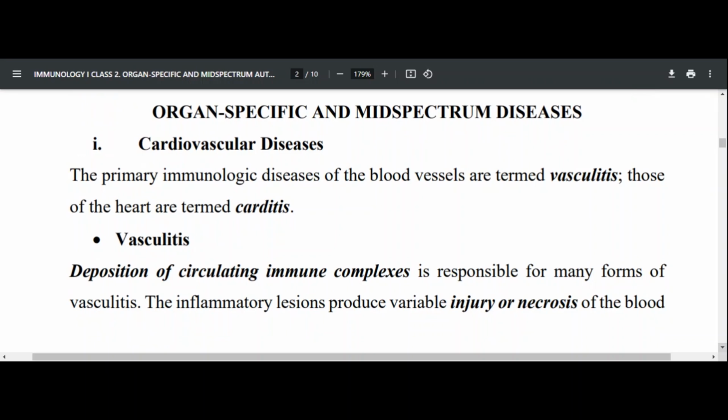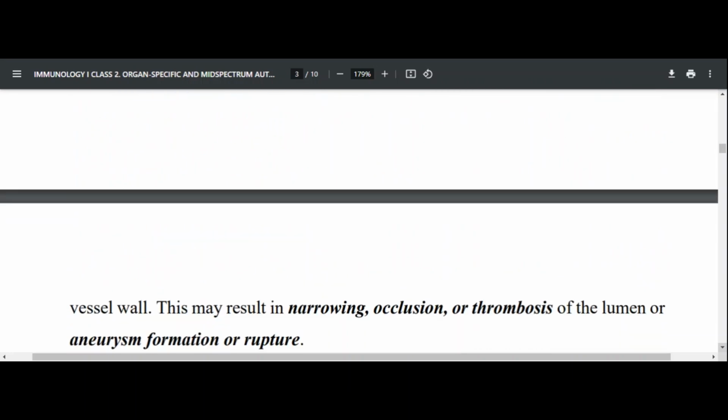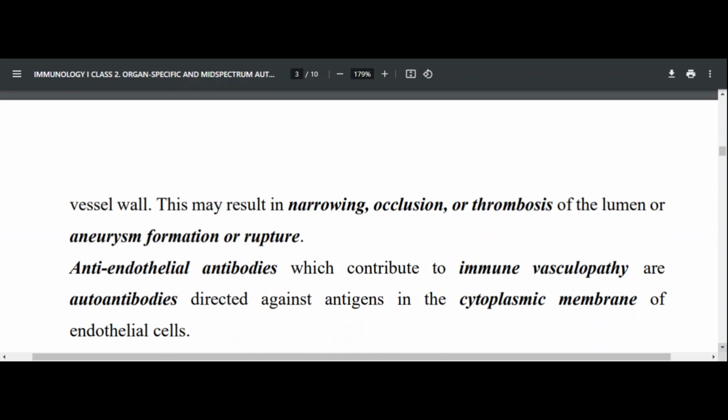The inflammatory reaction produces variable injury or necrosis of blood vessels, which may result in narrowing or occlusion of blood vessels, thrombosis of the lumen, or aneurysm formation and rupture of the blood vessel. Those are the effects of vasculitis, or inflammation of the blood vessel.